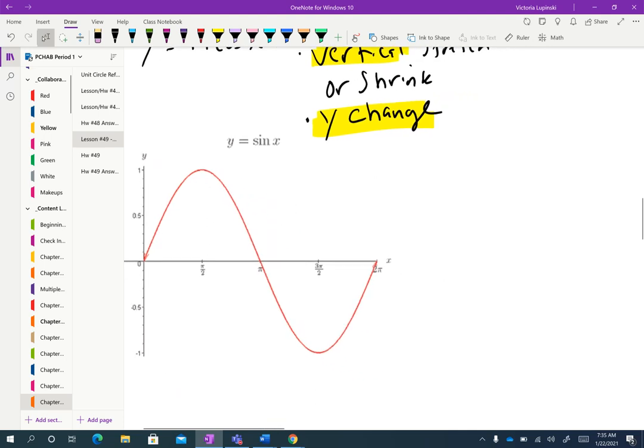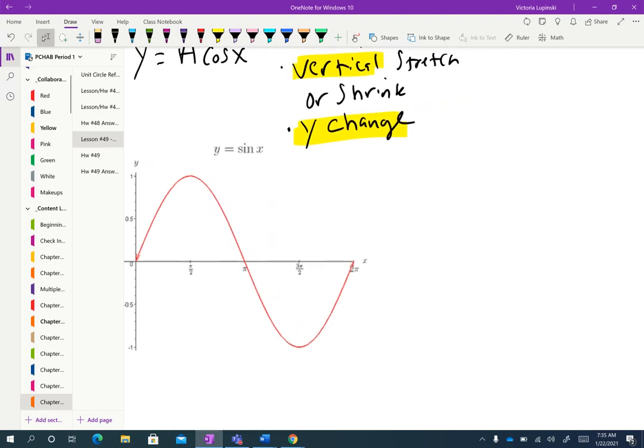So keeping that in mind, you don't have to redraw this sine wave. I only did so that we could use it as a reference. A couple things to point out about this parent function. The period of the sine wave starts at 0 and ends at 2 pi. The midline is 0, which cuts the y distances in half. And the amplitude, which is the distance from the midline up or the midline down, is 1.